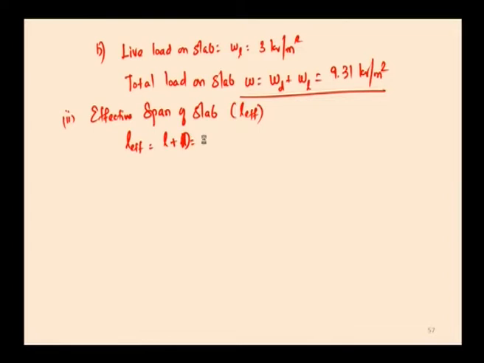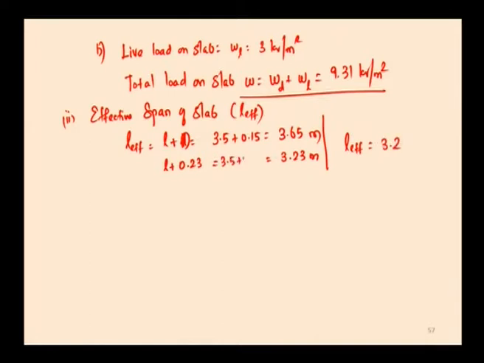Effective span here, clear span 3.5 meter, 3.5 plus 0.15, which is equal to 3.65 meter, or center to center distance between the supports, that is clear span plus 0.23, which is equal to 3.73 meter, whichever is less. So, the minimum value will be 3.65 meter.